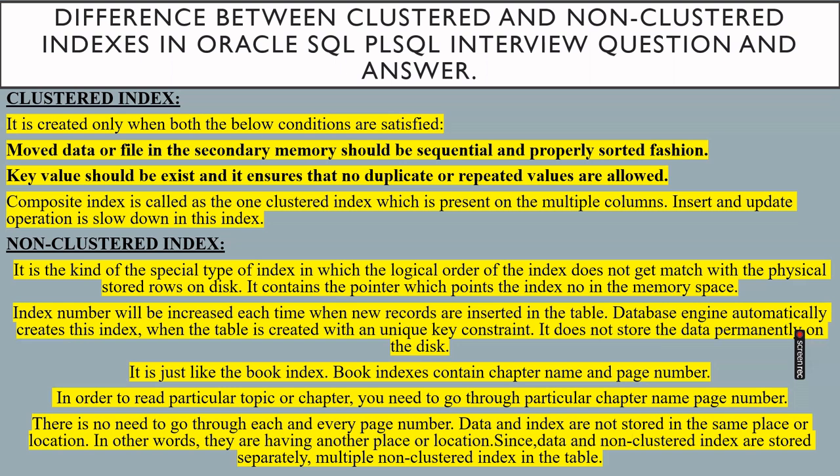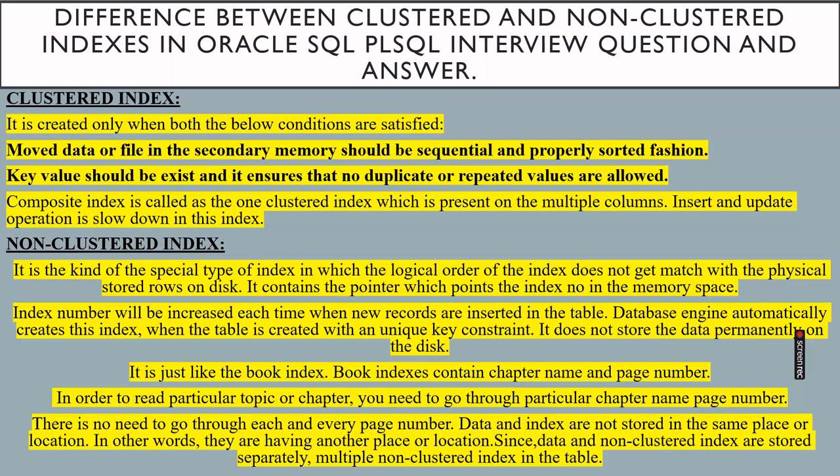It contains pointers which hold the index number in the memory space. The index number increases each time new records are inserted in the table. The database engine automatically creates this index whenever the table is created with a unique key constraint. It does not store the data permanently on the disk.